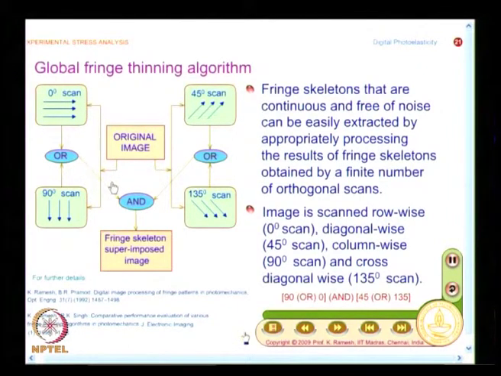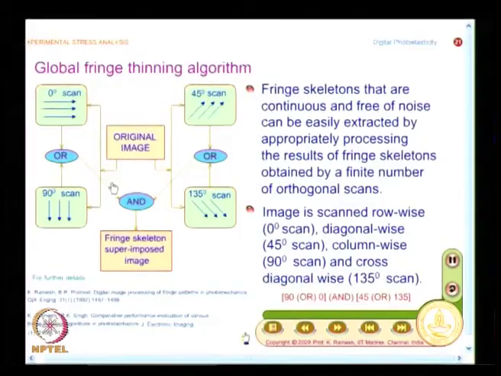So, when I do the AND operation, we retain only the fringe skeleton and the noise is eliminated. This is the greatest advantage. The whole procedure can also be simply labeled as 90 or 0, and 45 or 135.